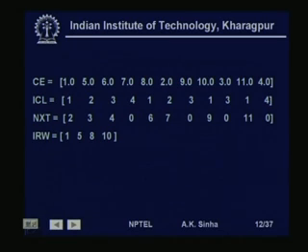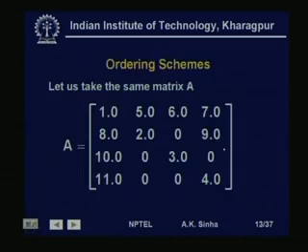So, 68 kilobytes only, as compared to 8 megabytes. So, this is the advantage that we get in case of large matrices.